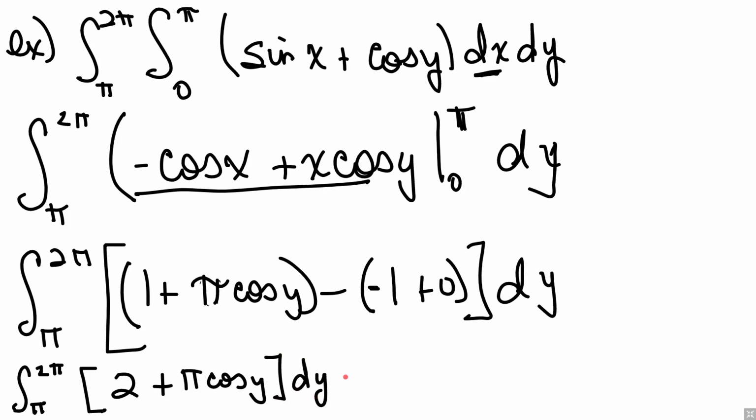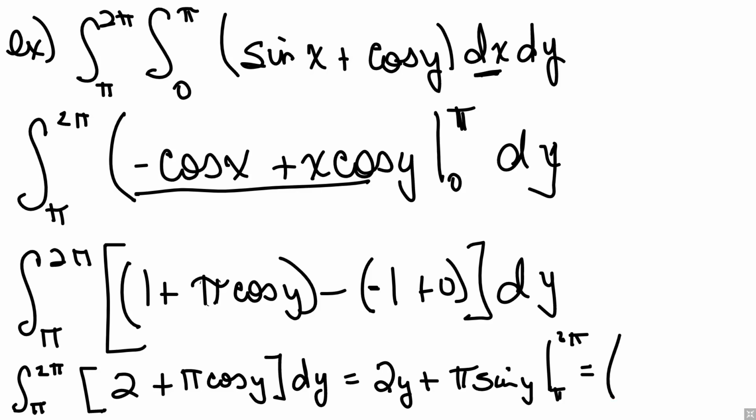And we're going to integrate with respect to y. So if we integrate with respect to y, what do we end up with? 2y plus pi sine y, and we're evaluating from pi to 2 pi.